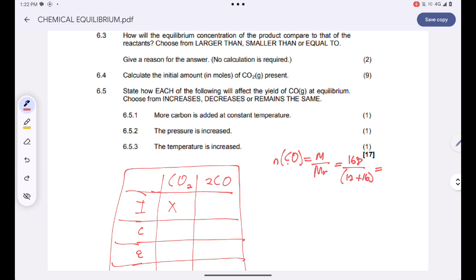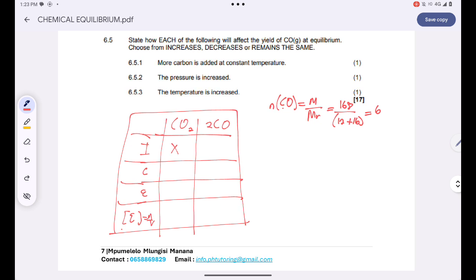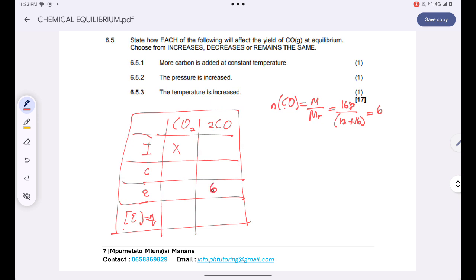So I simply have 168 divided by 16 plus 12. I'll simply get 6 moles. So at equilibrium, guys, I would have 6 moles of my carbon monoxide. That means I've produced 6 moles and initially I had 0 moles.